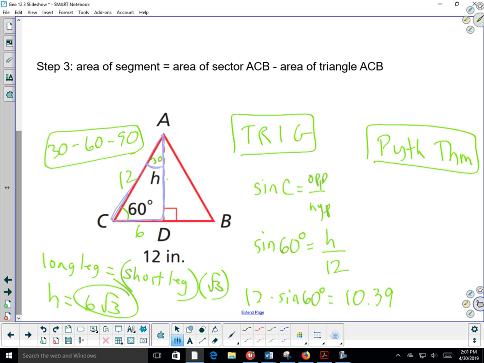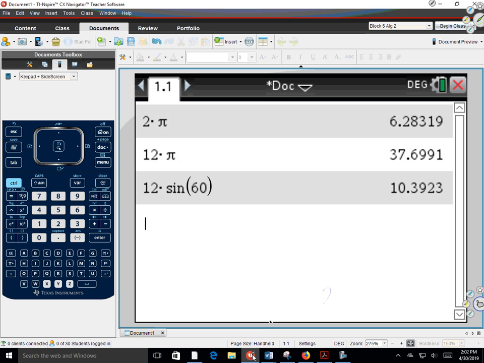If this is 10.39, the area of the triangle is going to be 1/2 the base. What's our base? 12, and our height? 10.39, and so that gives us what? On my calculator, I'm taking that times 12 times 0.5.